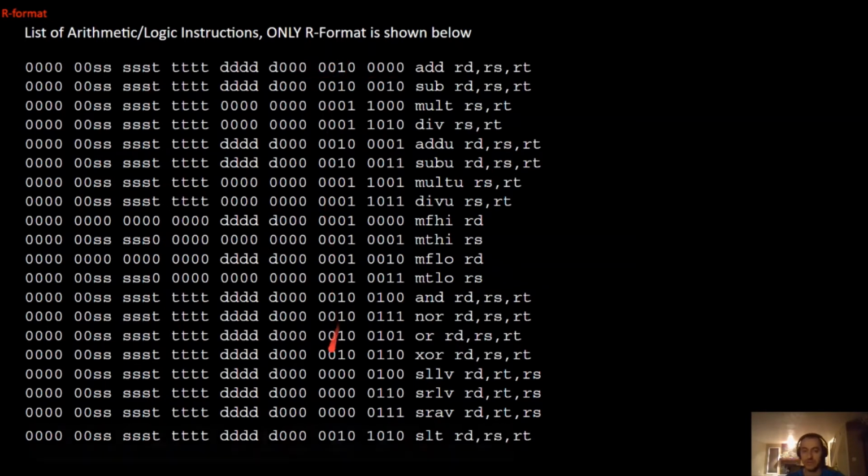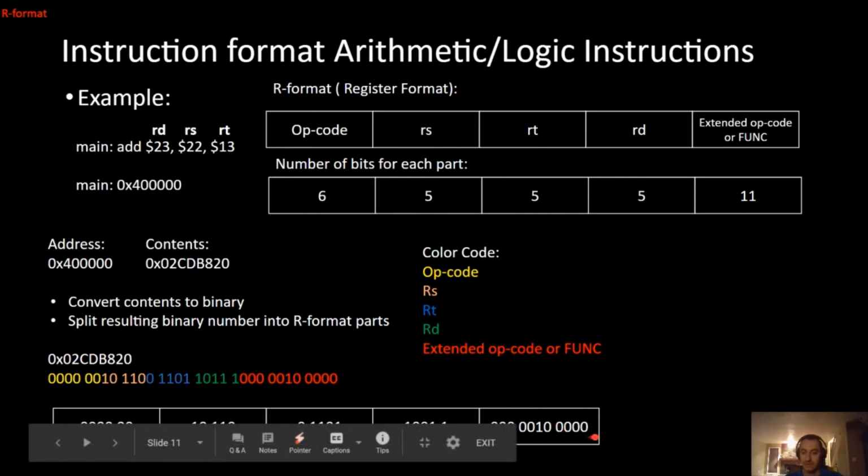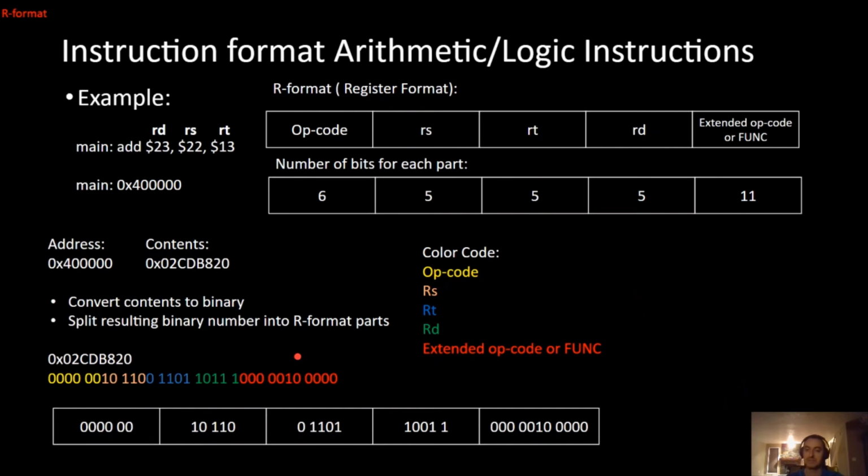That's how the processor knows that you're dealing with the add. Here we put those 11 bits for the extended opcode. So these two boxes are done, and what remains is these 3.